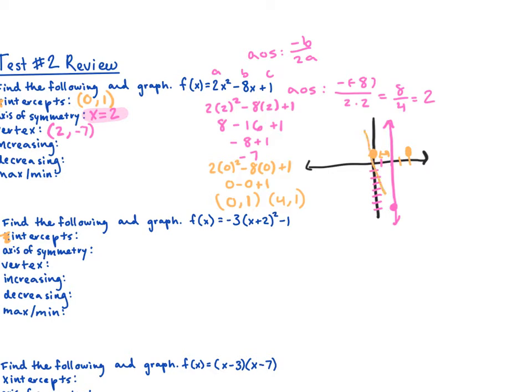For your test tomorrow, when graphing, you need to have at least 3 points. So you need 3 points. Is our vertex the maximum or the minimum point on our graph?